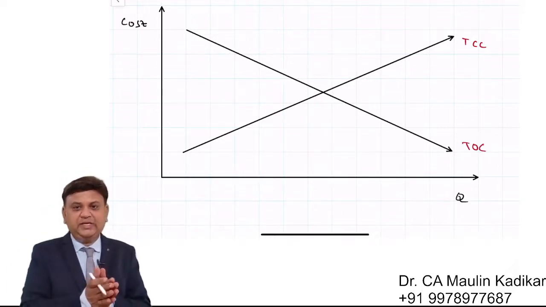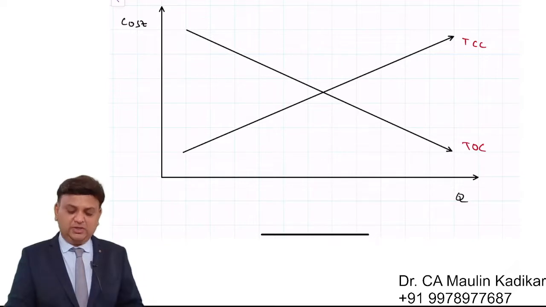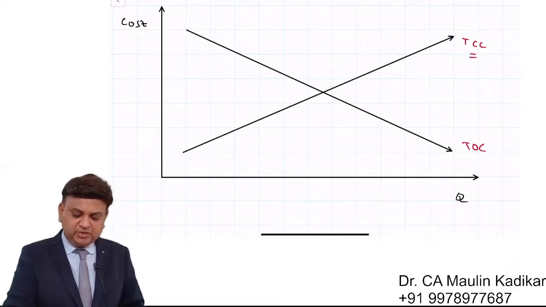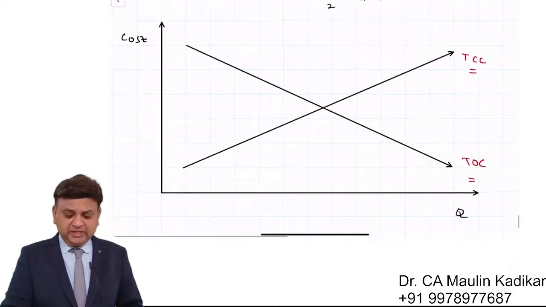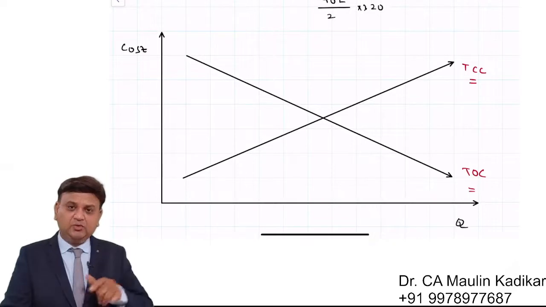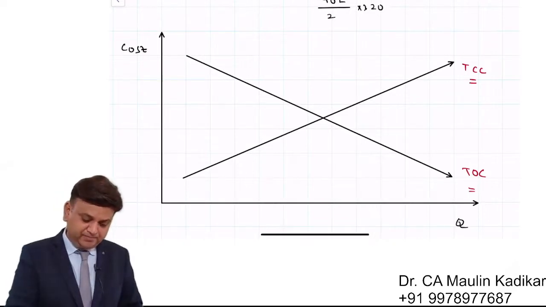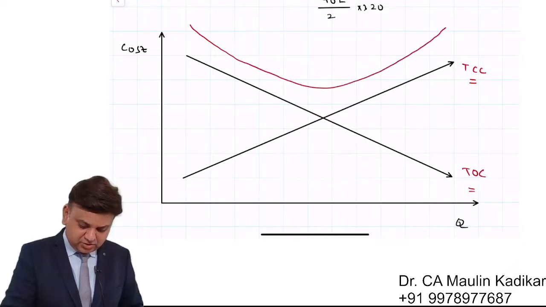So if at all we increase the quantity for which we place order, then the total carrying cost will increase. And if we increase the quantity for which we place order, then the number of orders reduces and the total ordering cost also reduces. So this is what we understand is the total cost.